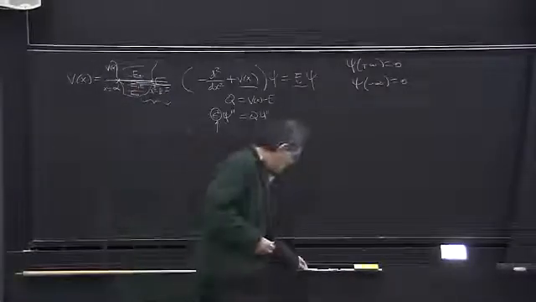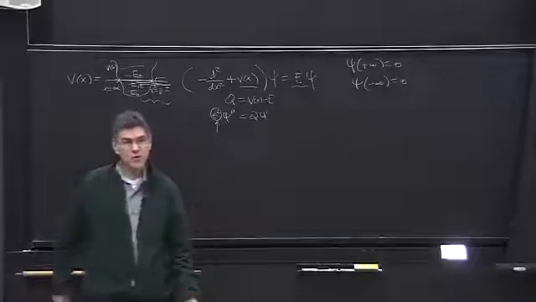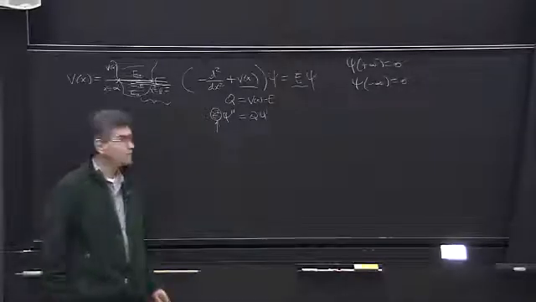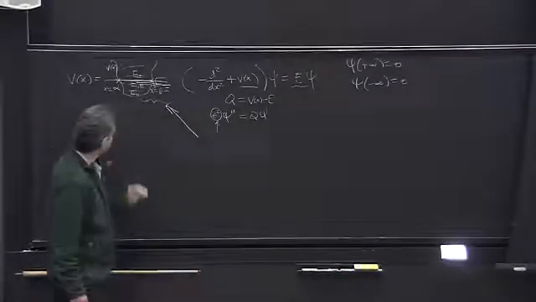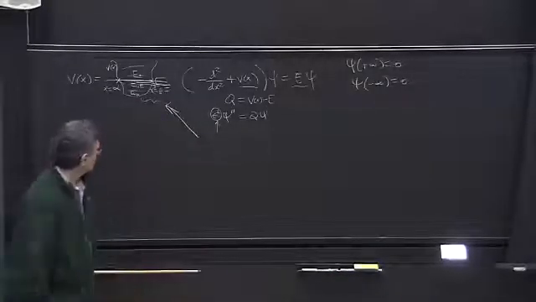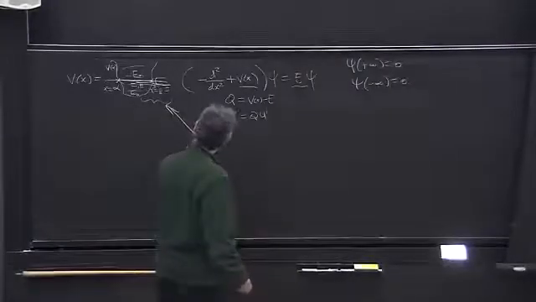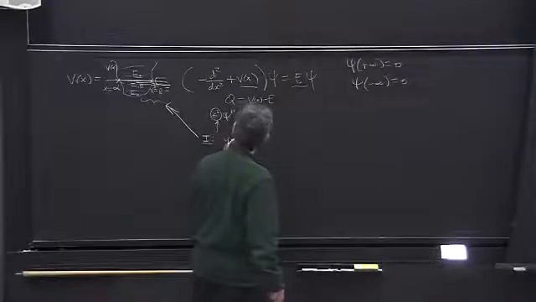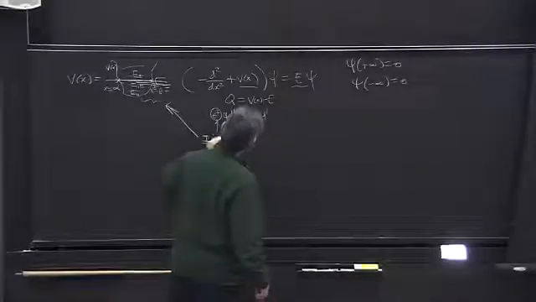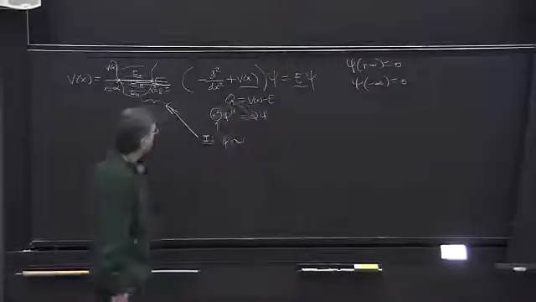So let's write down the solution to the one turning point problem. Okay? So the solution to this problem would read, well, in region 1, y is approximately, or psi, we're calling this psi, I guess.